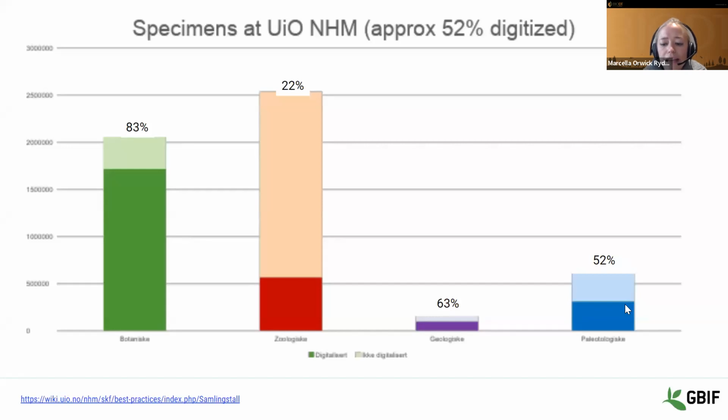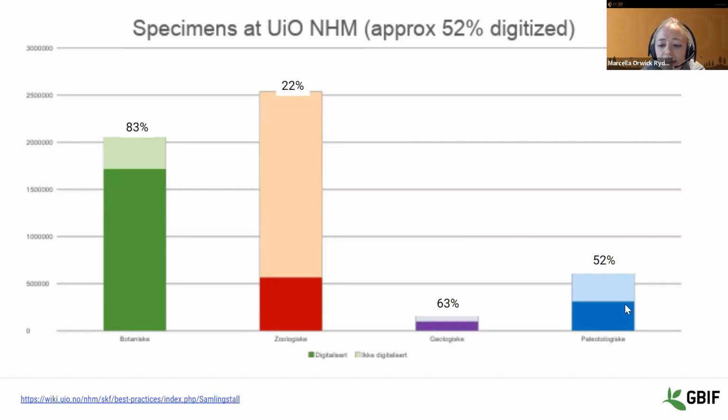Now, Scandinavia and Norway also, I will say, is actually doing really, really well within the digitization of museum collections. And so this is just a snapshot of the museum collections at the Natural History Museum where I work. We have approximately 6 million specimens total. And you can see that we've actually done a pretty good job with our digitization, where we have 83% of our botanical collection digitized, only 20% of the zoological, so we need to do better with that.